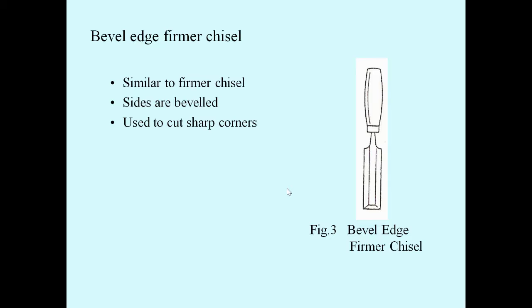It is used to cut sharp corners. Whenever we want to produce sharp corners on the workpiece, we can prefer this type of chisel. This beveled edge firmer chisel is also used for cutting sockets and dovetails. If you want to prepare sockets and dovetail joints, we can use this type of firmer chisel.